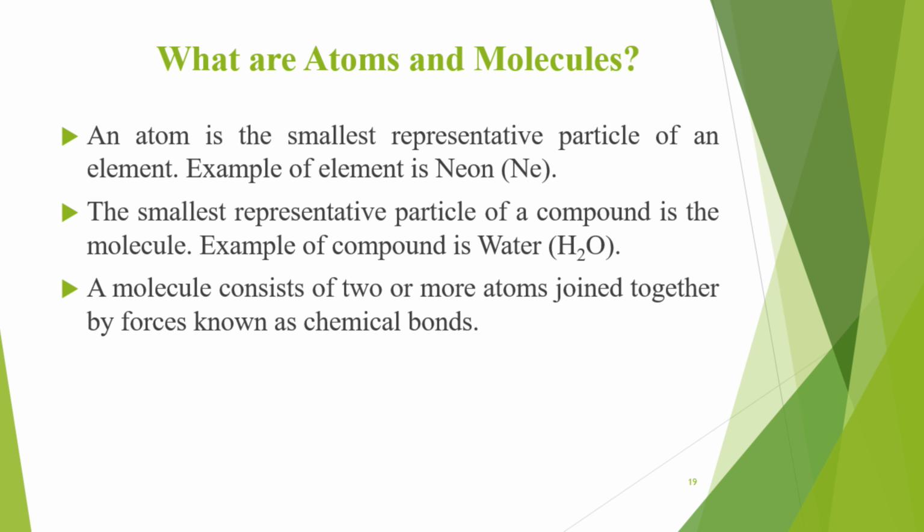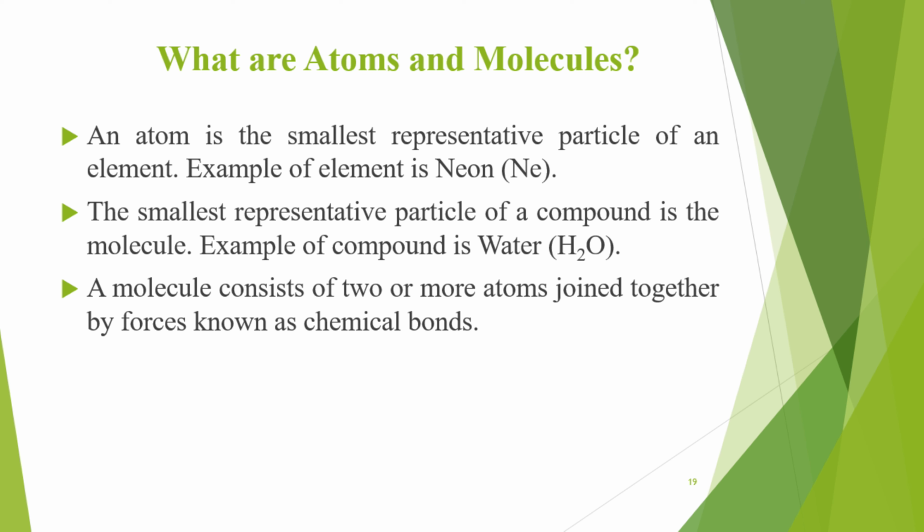What are atoms and molecules? An atom is the smallest representative particle of an element. An example of an element is neon. The smallest representative particle of a compound is a molecule. An example of a compound is water.